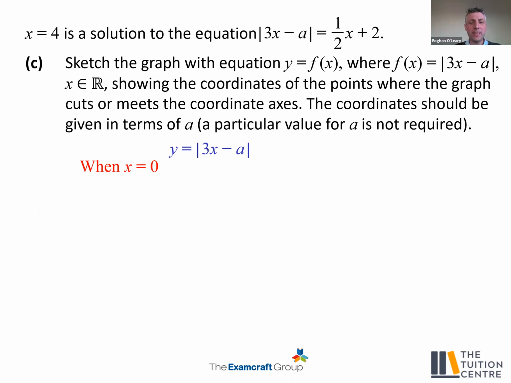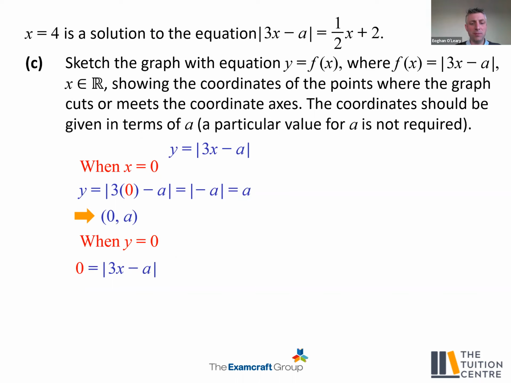So if you have y is equal to the modulus of 3x minus a, when x is equal to 0, you're going to have y is equal to the modulus of minus a, and the modulus of minus a would be plus a. So when x is 0, you have the point (0, a). When y is equal to 0, you're going to have 0 is equal to the modulus of 3x minus a.